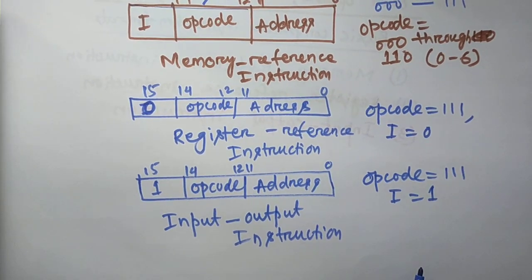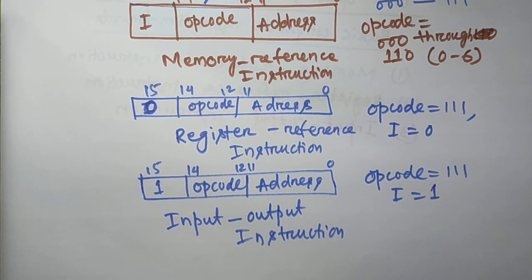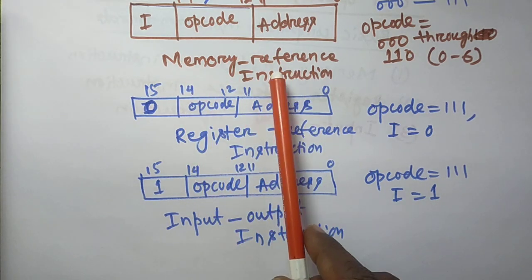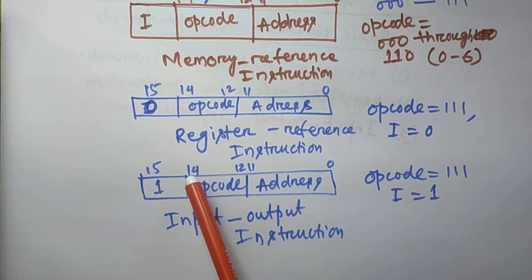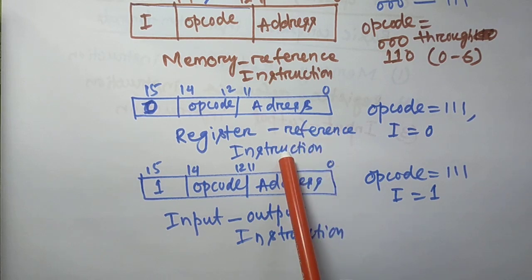So these three categories of instruction we can consider. What are those? One is a memory reference instruction, another is a register reference instruction, another is an input output instruction.